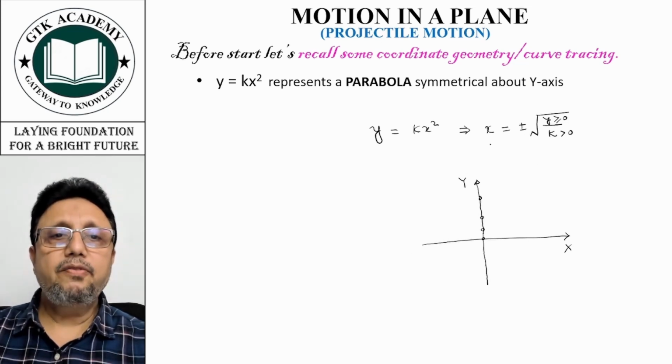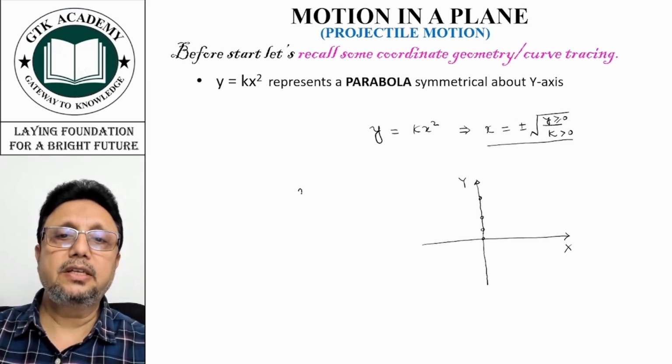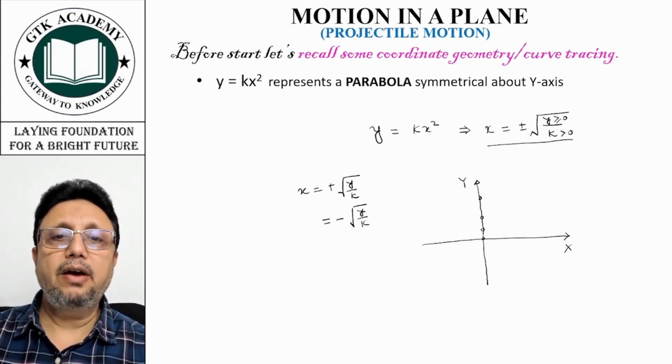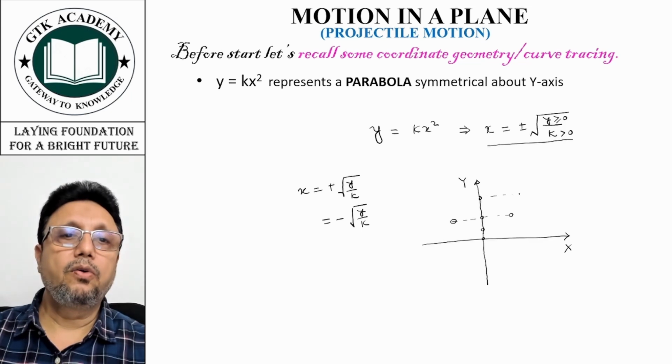Now, the other thing which you notice is that for every y you have two values of x, that is, x is equal to plus under root y upon k and also minus under root y upon k. That means for every y you have two values of x on either side of the y-axis, one on this side and one on the other side.